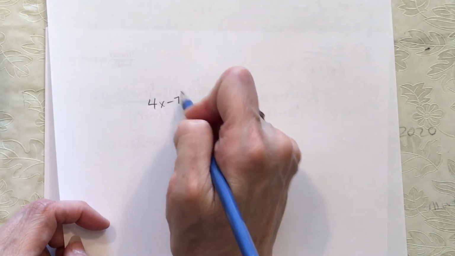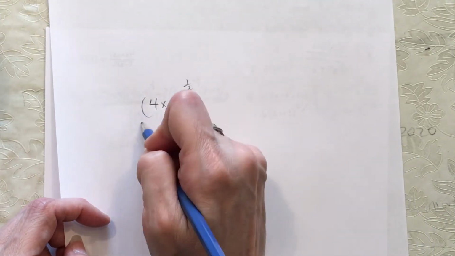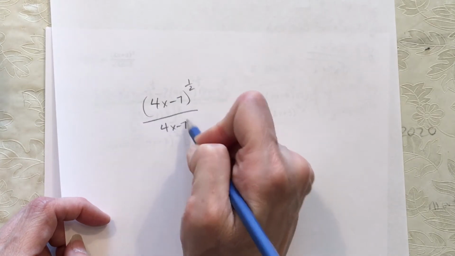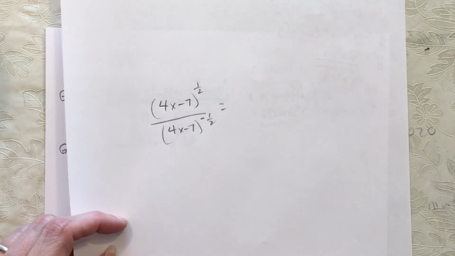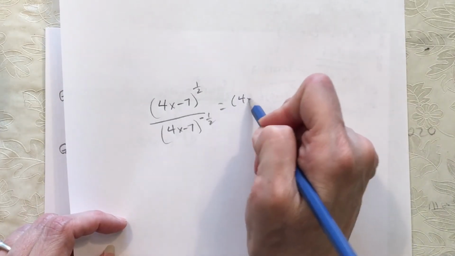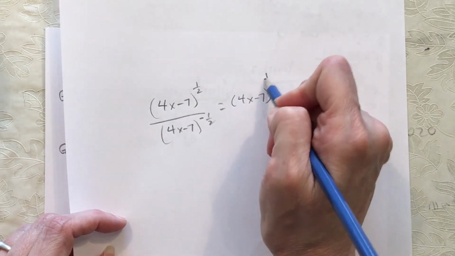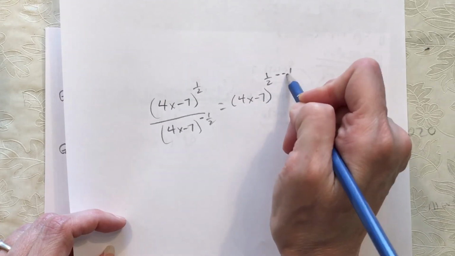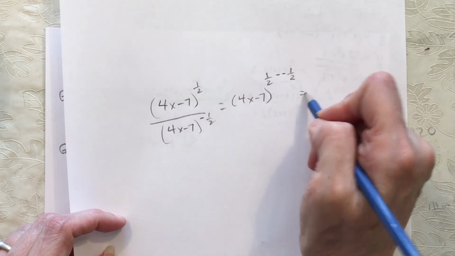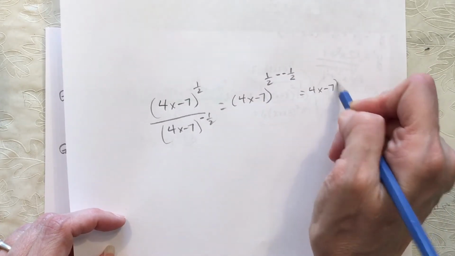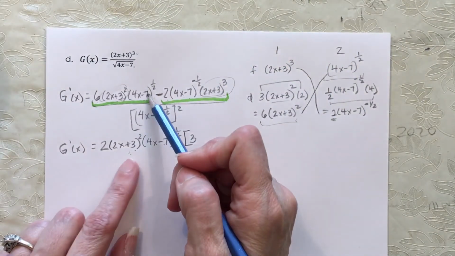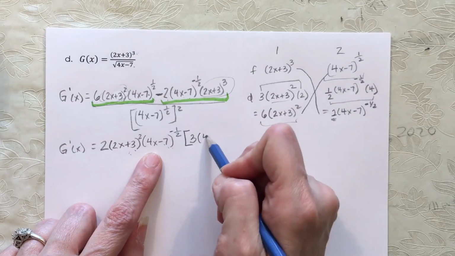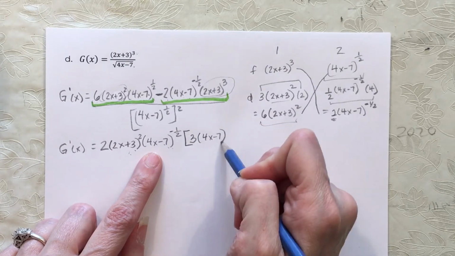We're dividing powers with the same base. So we keep the base, subtract the exponents, gives me (4x - 7) to the 1. So when I divide these, I'm going to get 4x - 7. So bracket 4x - 7.